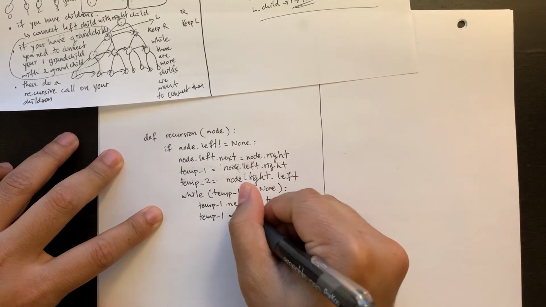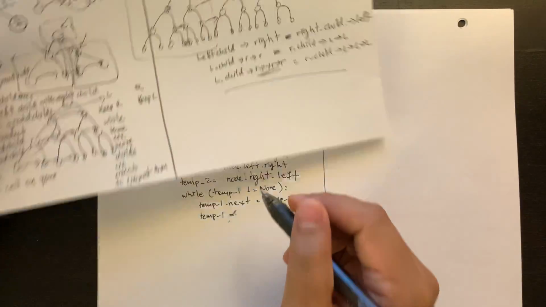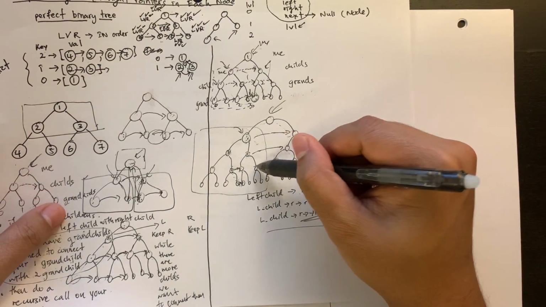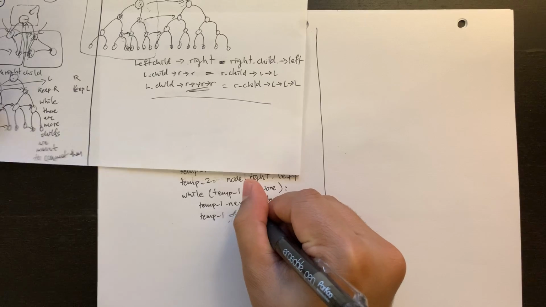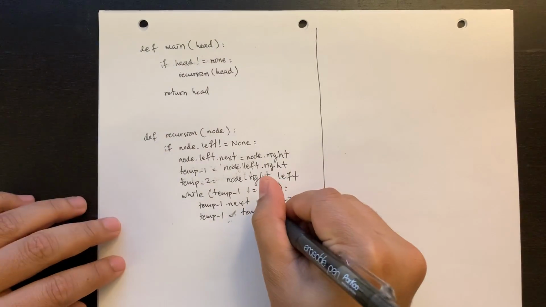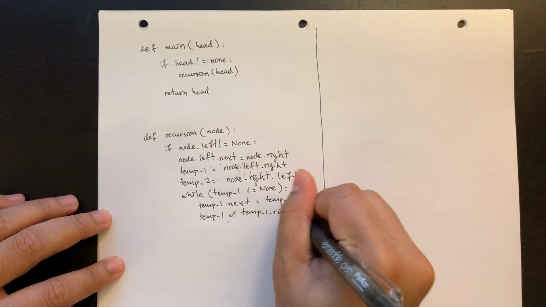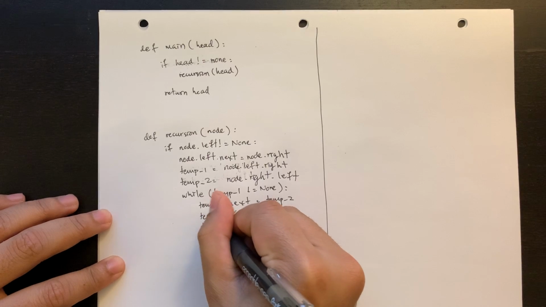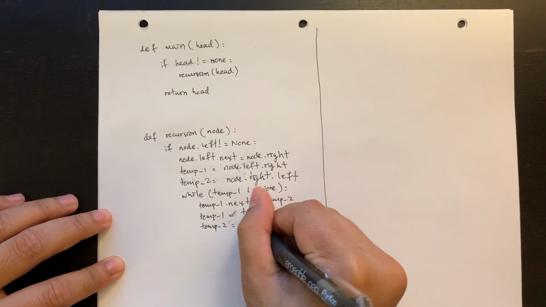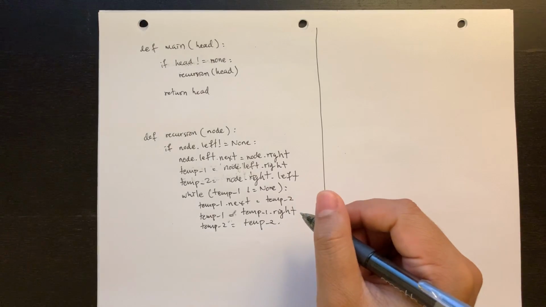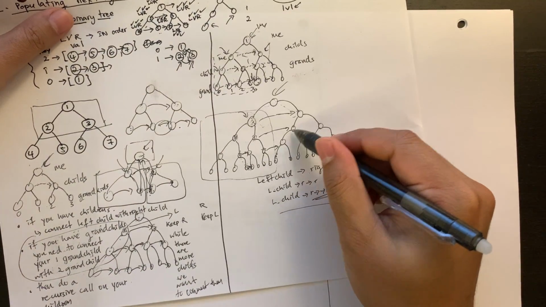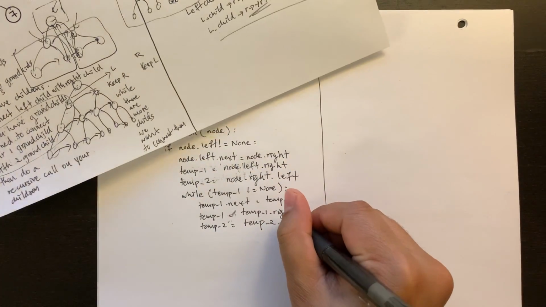After that, we want to traverse through the next right child, so temp1 is equal to temp1.right, and temp2 we want to update to the next left, which is this one.